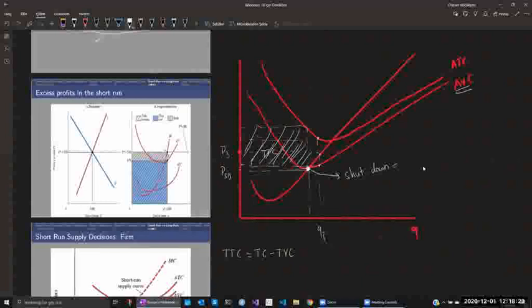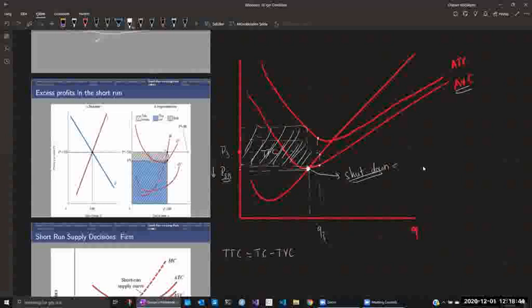But if the price level is smaller than this level, then it is more optimal for the firm to shut down and just bear the fixed costs, because if it produces, the losses are even higher than these fixed costs. So that's why we call this point the shutdown point.